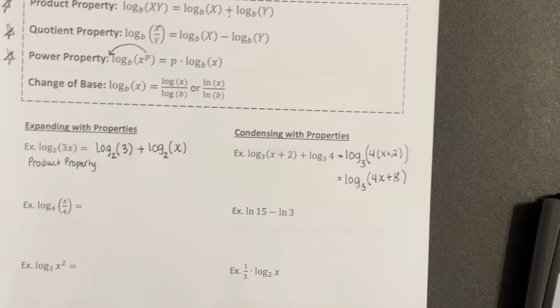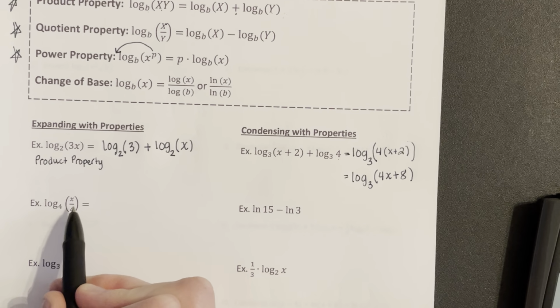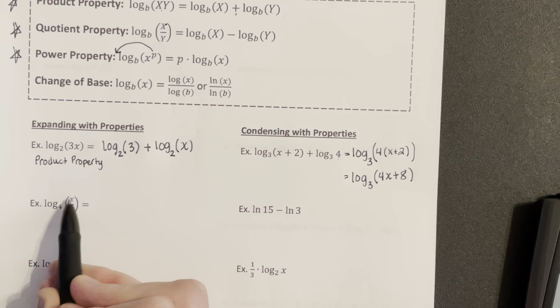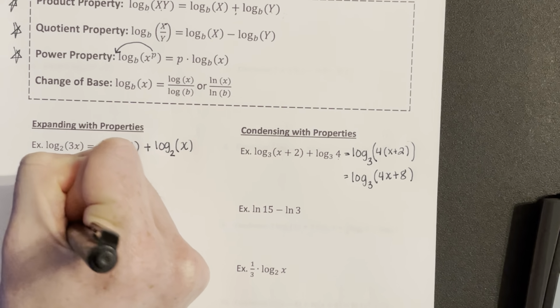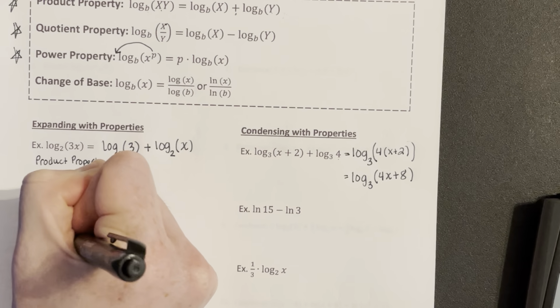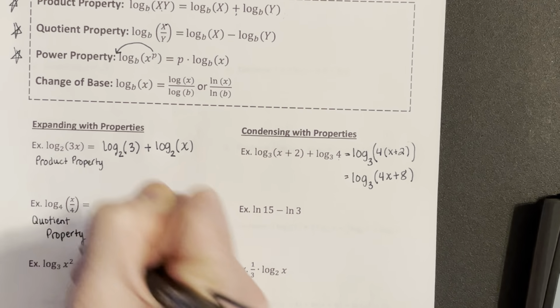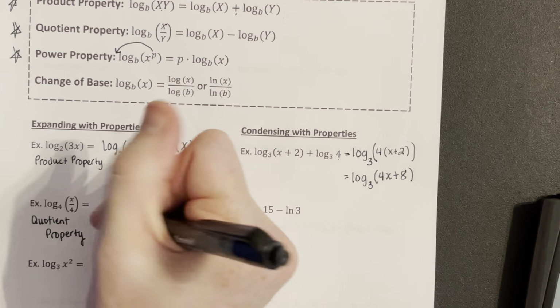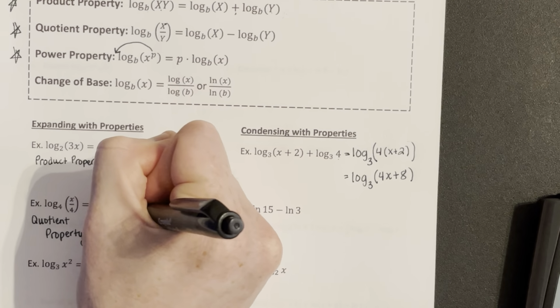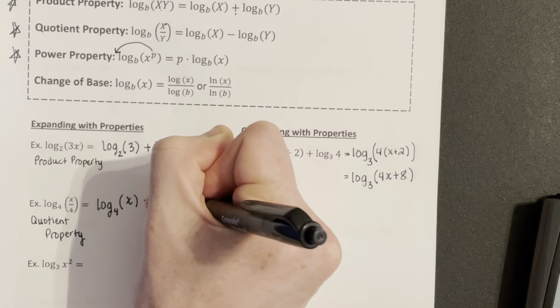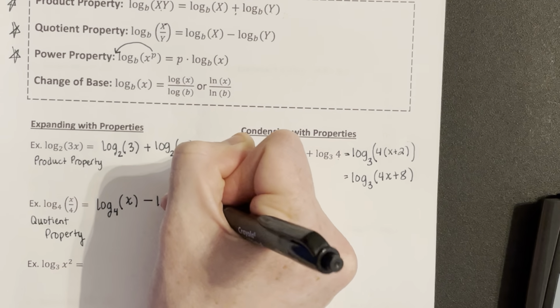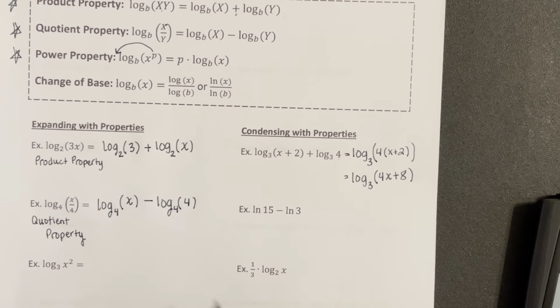Now the second one down here, second row, has log base 4 of x over 4, and we see a quotient property. So with that division, we're going to separate into 2 different logs and have log base 4 of x on top minus log base 4 of 4.